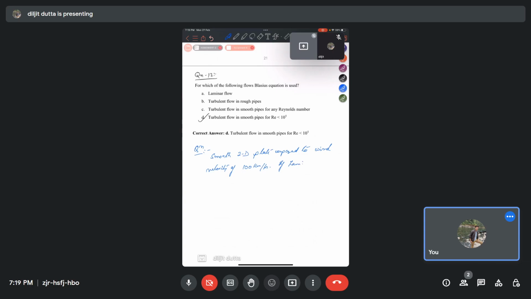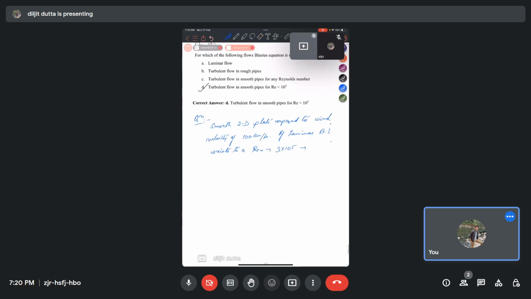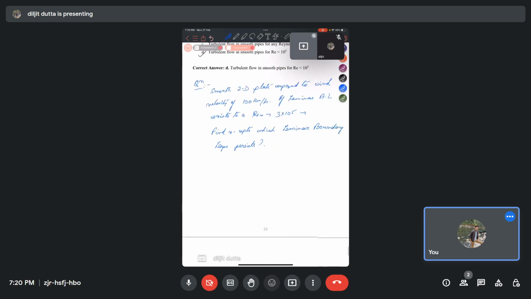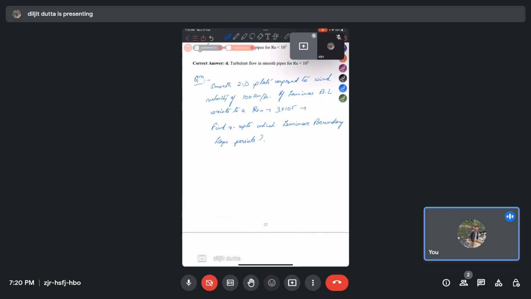If a laminar boundary layer exists up to Rex of 3 into 10 to the power 5, then find the maximum distance x up to which a laminar boundary layer persists, and also find the maximum thickness of the boundary layer.